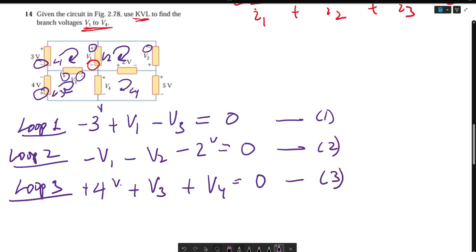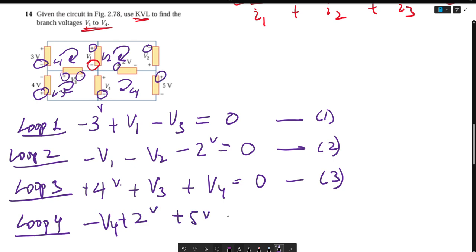This is 3. And loop 4, we get negative V4, positive 2 volts, and positive 5 volts is equal to 0, and that is 4.